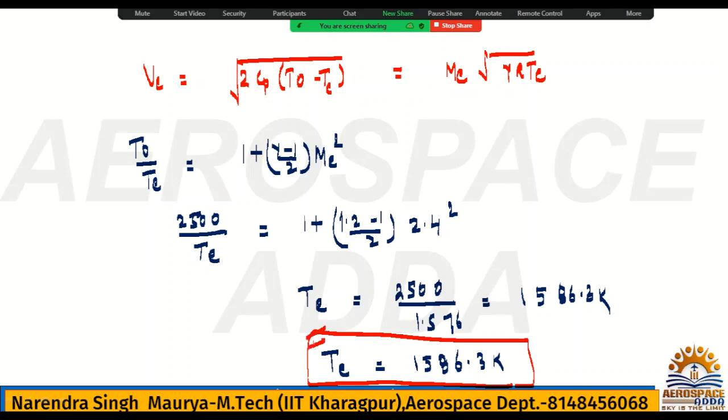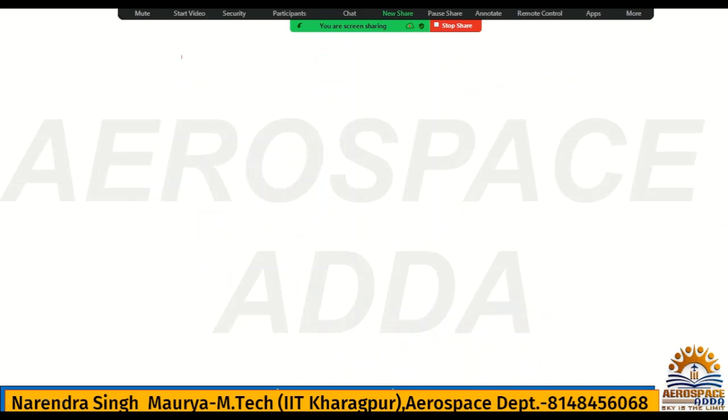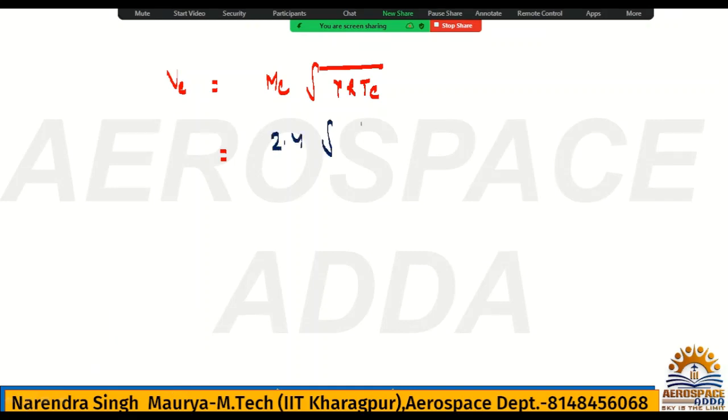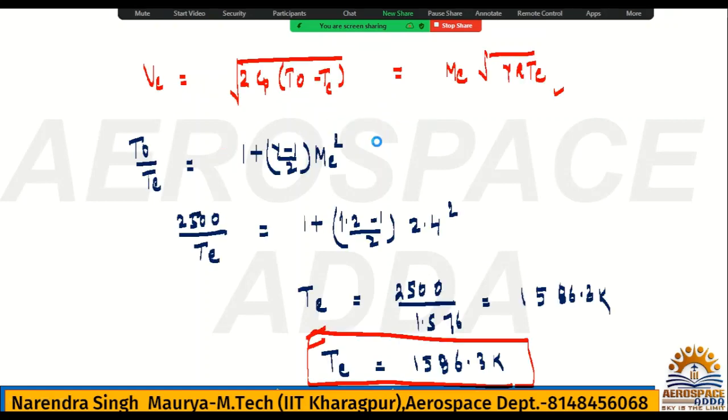You can use this value in this formula. What is the VE? VE is ME root of gamma R TE. All the values you have: Mach number 2.4, gamma is 1.2, R you calculated in the start only.